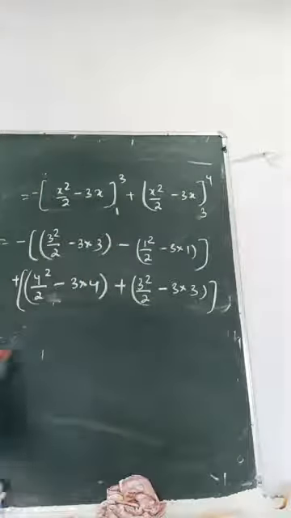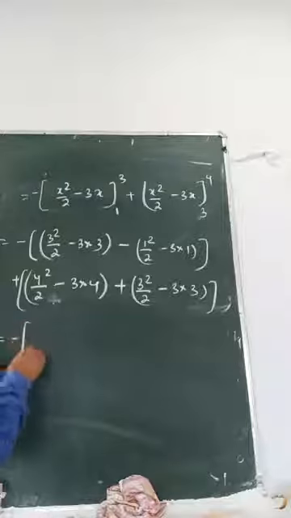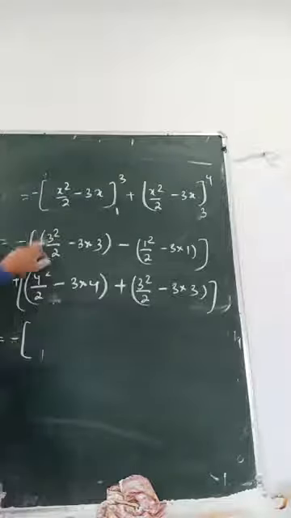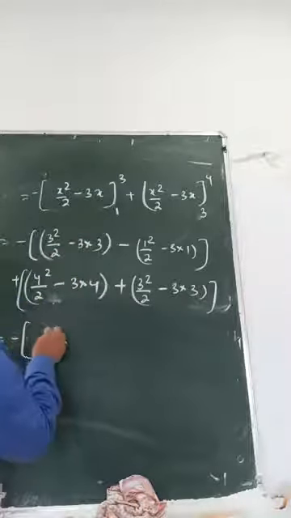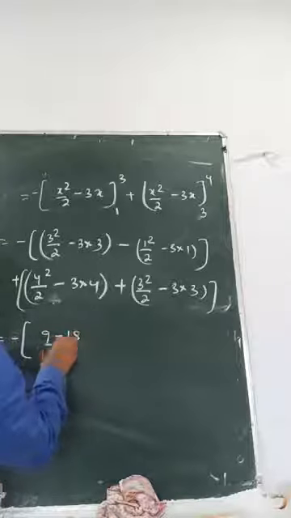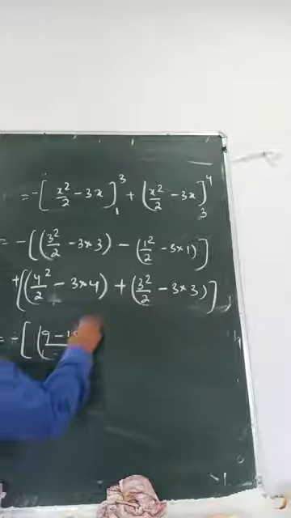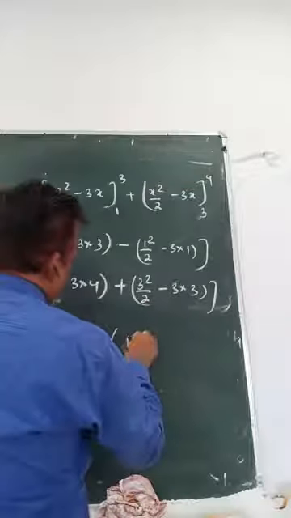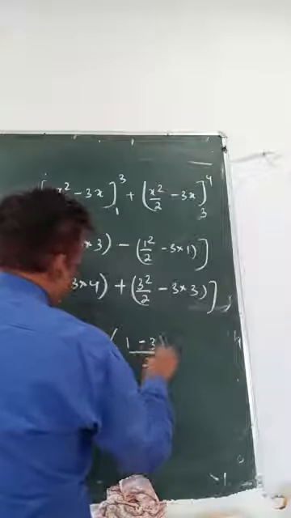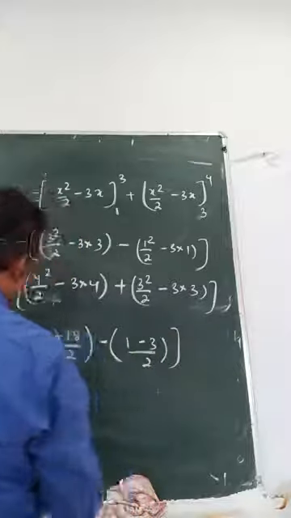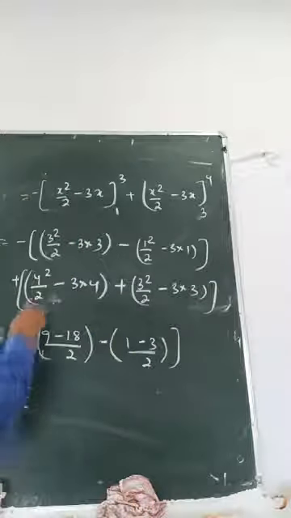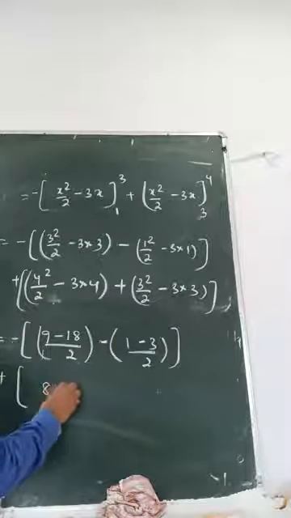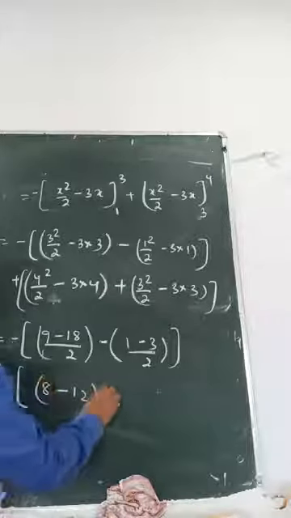So it will be minus, this is 9 by 2 minus 9, so 9 minus 18 by 2. This is 1 by 2 minus 3, that is minus 5 by 2. Plus 16 by 2 is 8 minus 12.